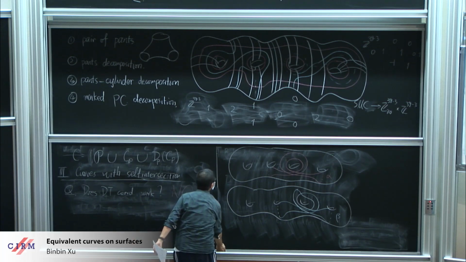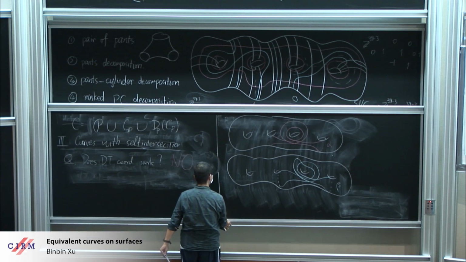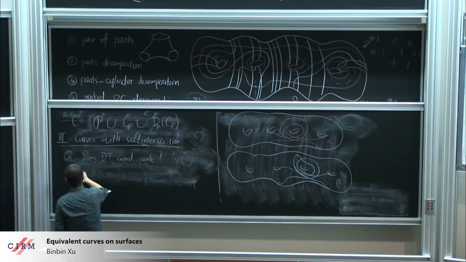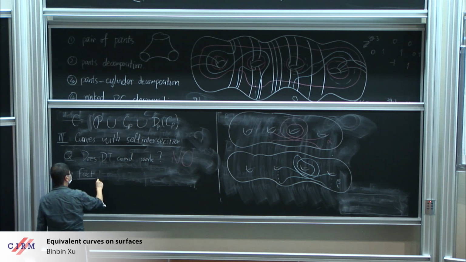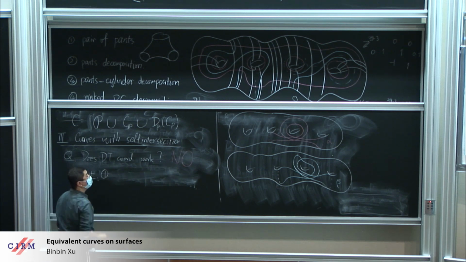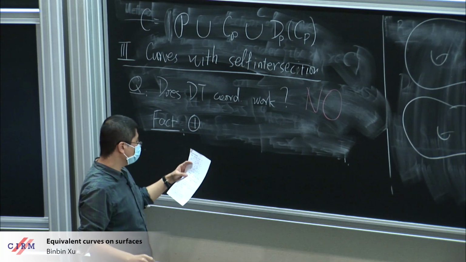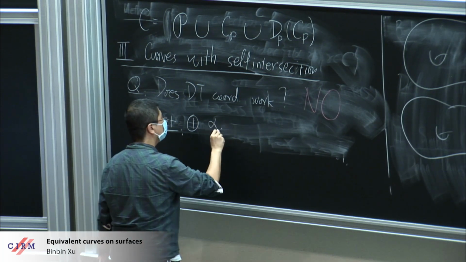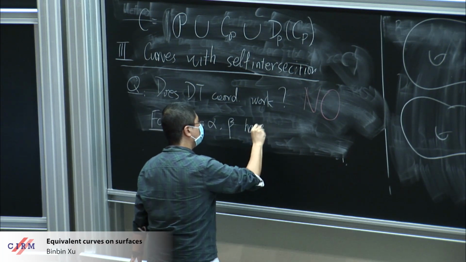So my claim is the following. Fact one: alpha and beta will have the same coordinate.